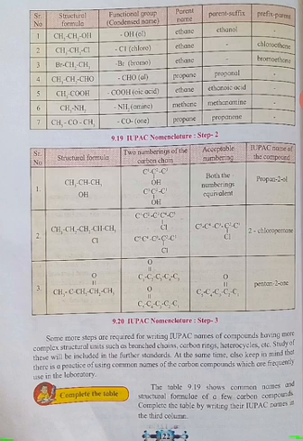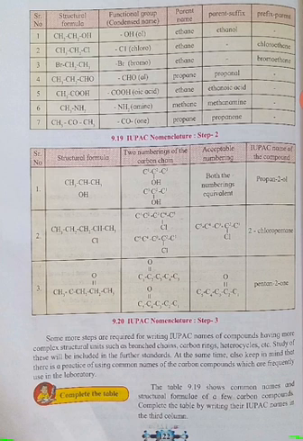In the second example, the structural formula is CH3CH2Cl. Here chlorine is attached to this structural formula, so the functional group is Cl, that means chloro.